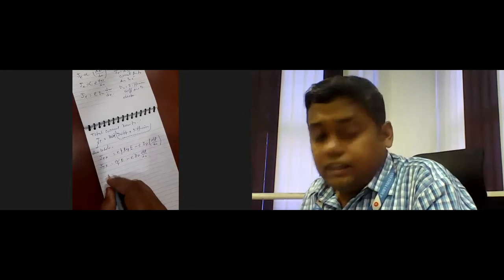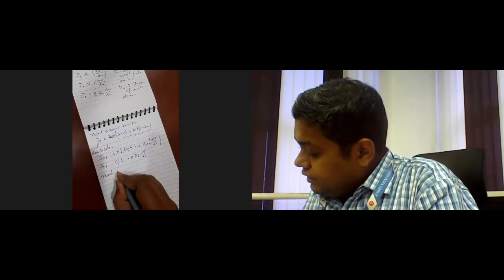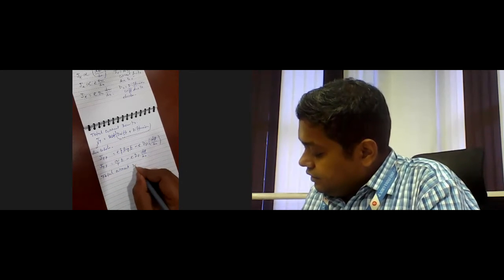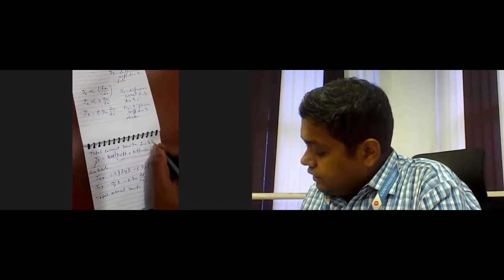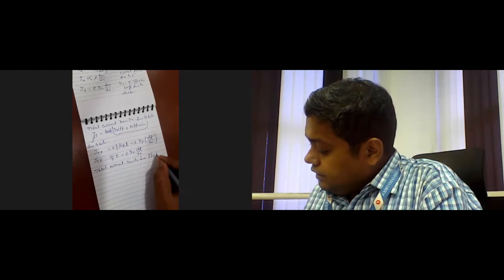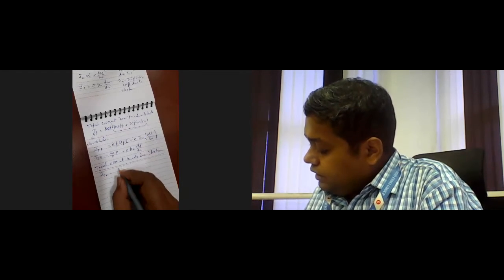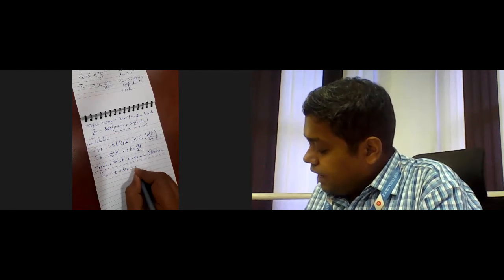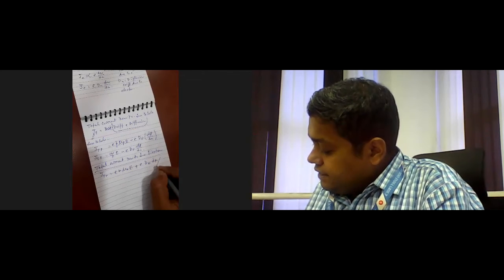And if we consider the electron current density, total electron current density, this is due to hole, and this is due to electron, then JTN is equal to E into n into mu n into E plus E into dn dx.